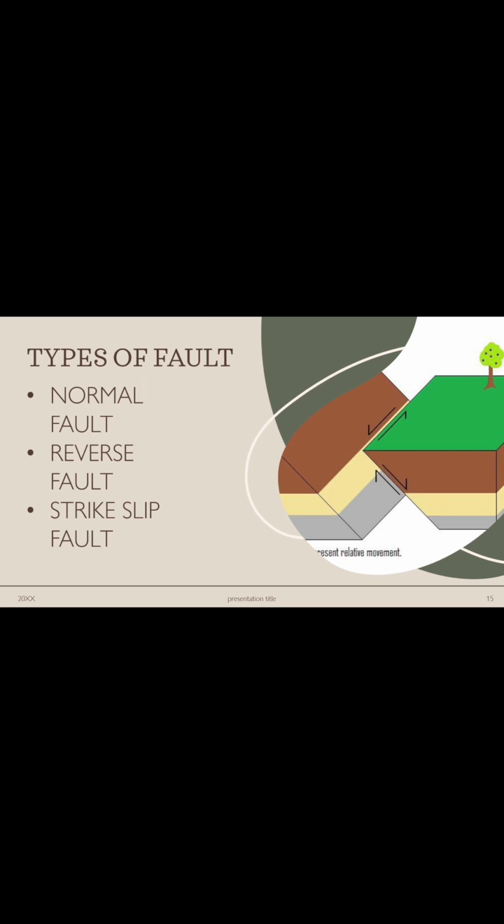Types of fault: the normal fault, the reverse fault, and the strike-slip fault. Fault system: rocks respond to stress, being squeezed or pulled apart near the Earth's surface, by breaking. When rocks break and there is no offset along either side of the break, it is called a fracture or joint.